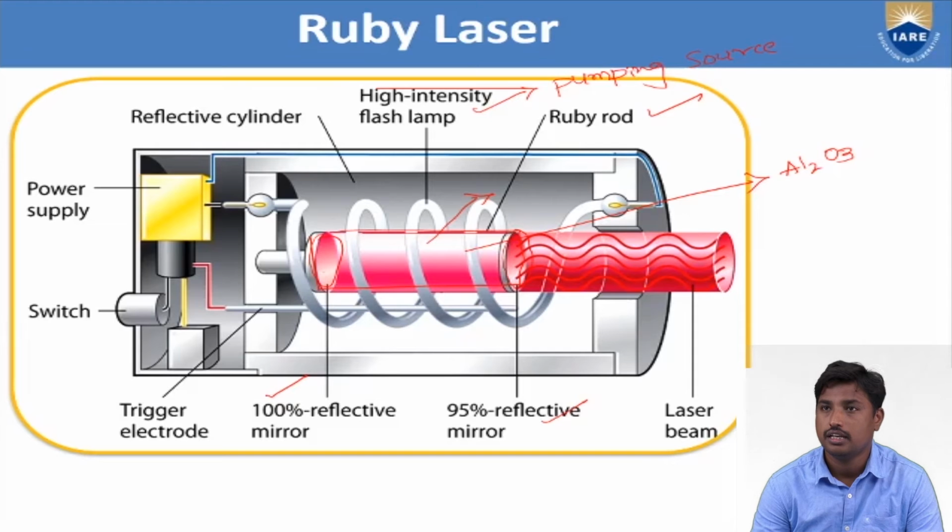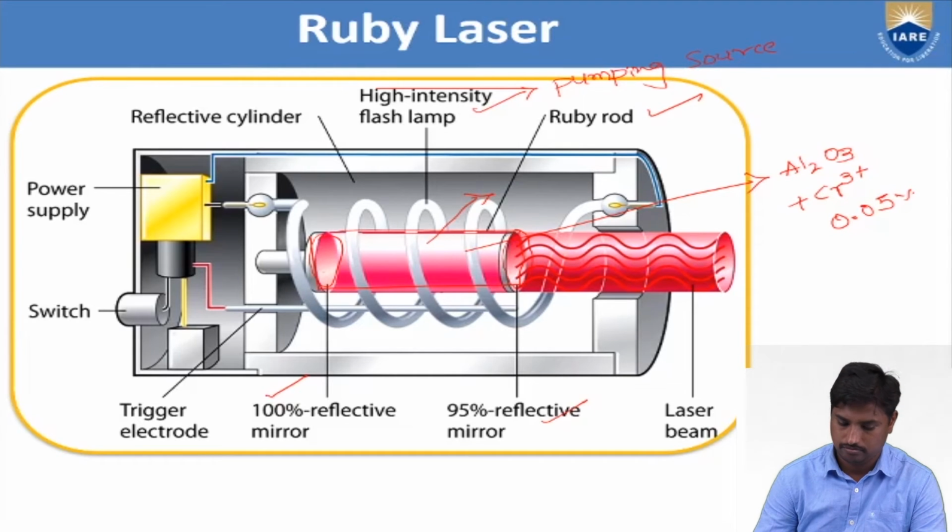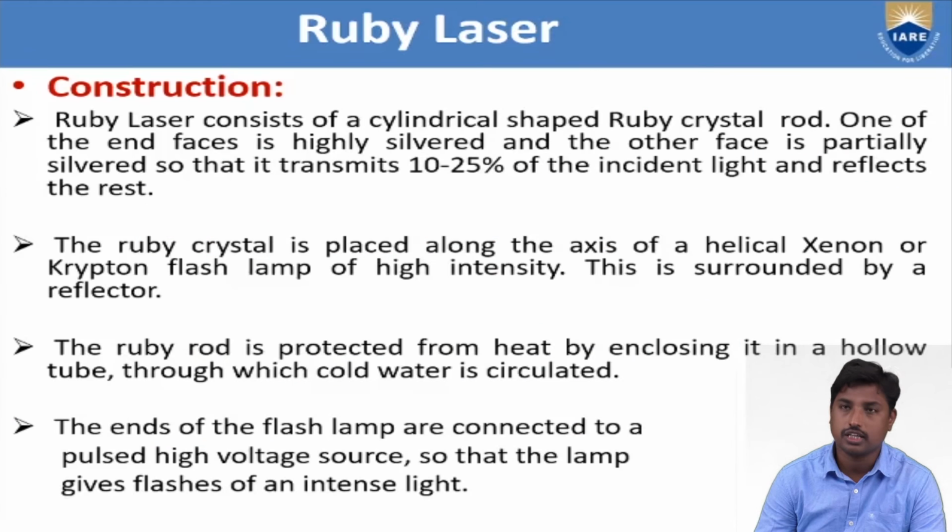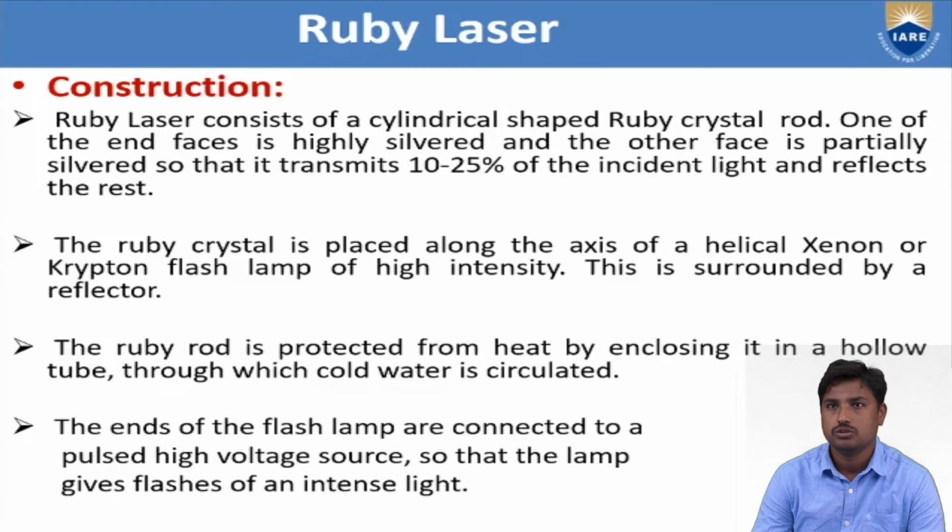To this we add chromium 3+ ions, or chromium oxide, at 0.05 percent, which makes it pink in color. The ruby laser consists of a cylindrical shaped ruby crystal rod. One of the end faces is highly silvered and the other face is partially silvered, so that it transmits 10 to 25% of incident light and reflects the rest.